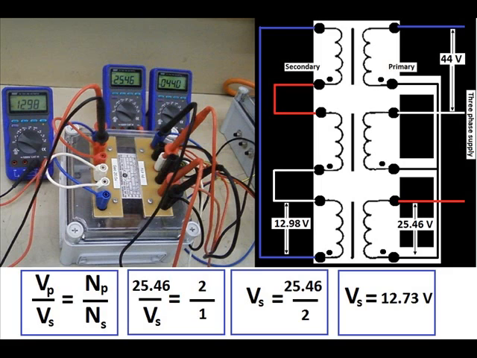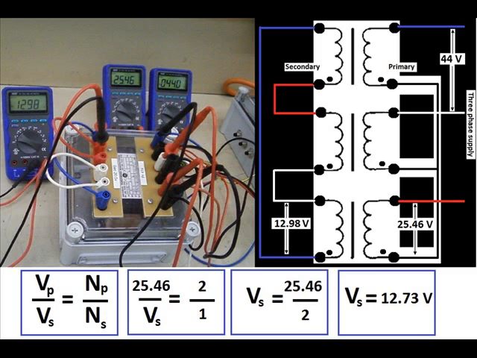So we can simply transplant that 2-to-1 ratio into the formula, because it doesn't matter how many windings there are. If there were 10,000 windings on the primary, there'd be 5,000 on the secondary. 20,000 on the primary, 10,000 on the secondary. It doesn't really matter, because it's all reduced down in the formula to a 2-to-1 ratio.